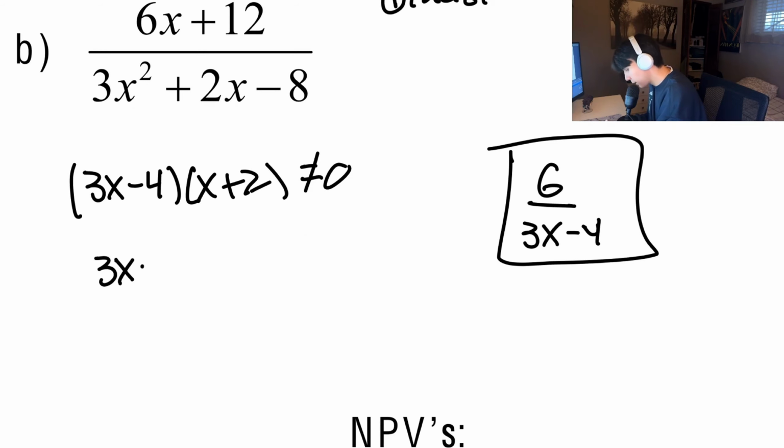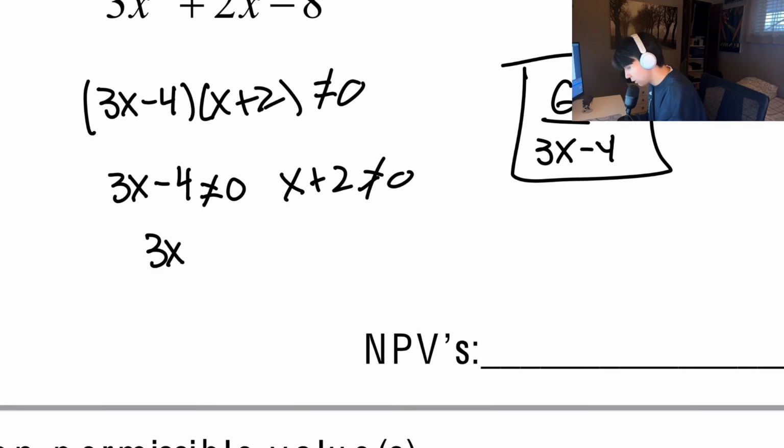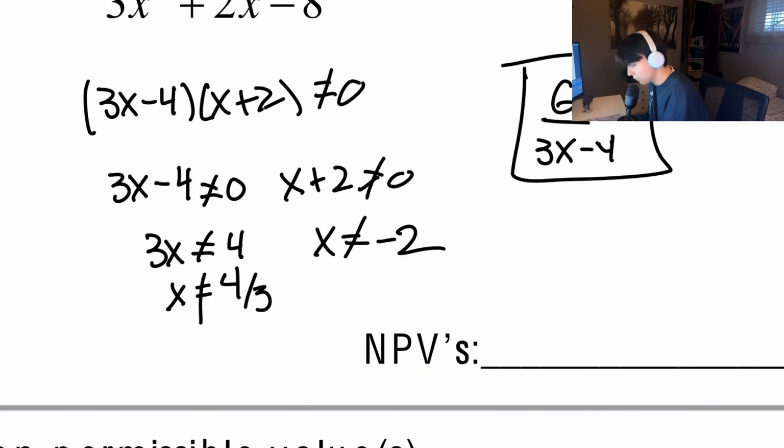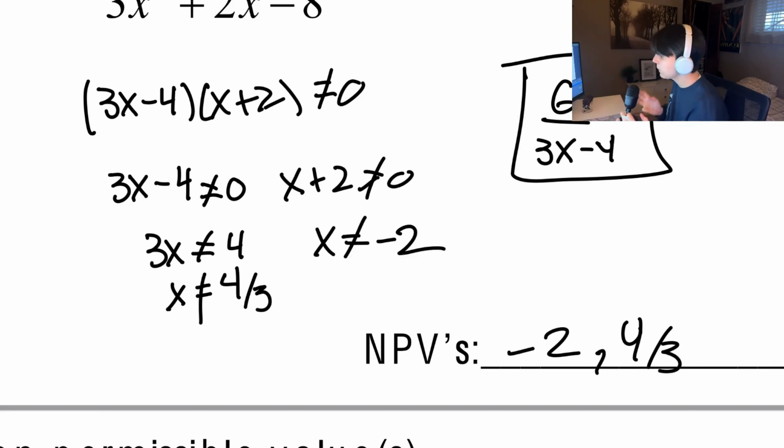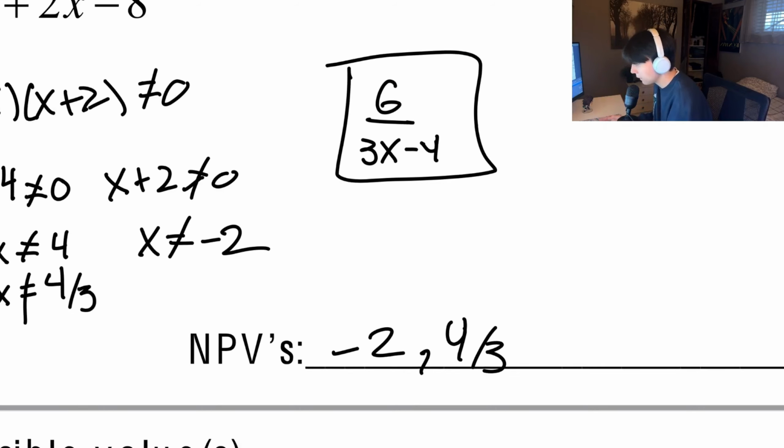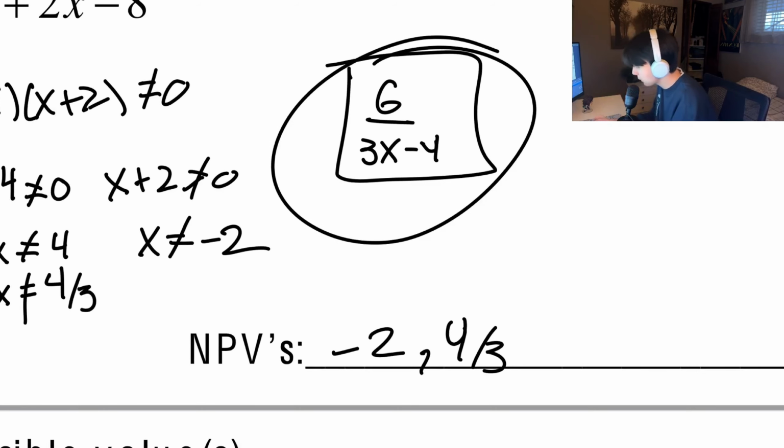And get 3x minus 4 is not equal to 0, and x plus 2 is not equal to 0. And again, just solve for x, and get x cannot equal 4 over 3, and x cannot equal negative 2. So that will be your two answers for your NPV there, as well as your simplified expression.